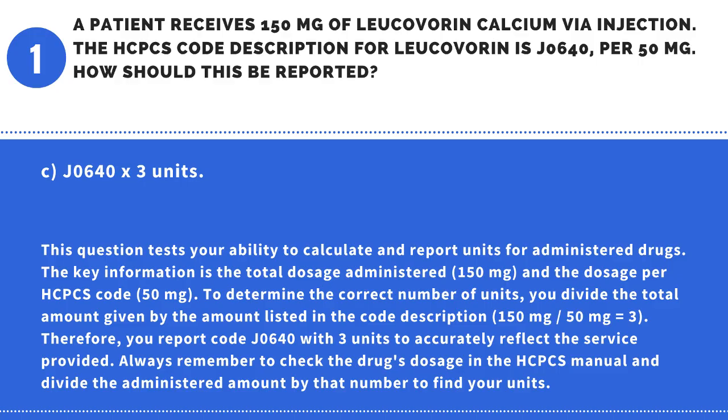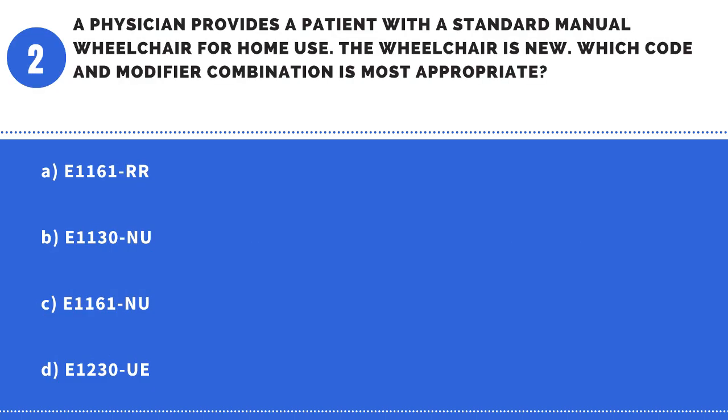To determine the correct number of units, you divide the total amount given by the amount listed in the code description, 150 milligrams/50 milligrams equals 3. Therefore, you report code J0640 with 3 units to accurately reflect the service provided. Always remember to check the drug's dosage in the HCPCS manual and divide the administered amount by that number to find your units.